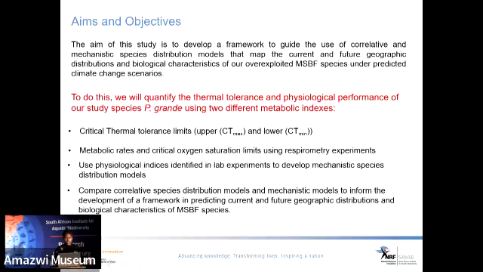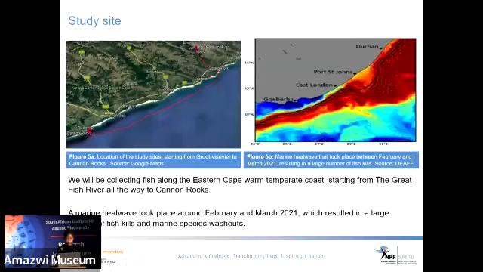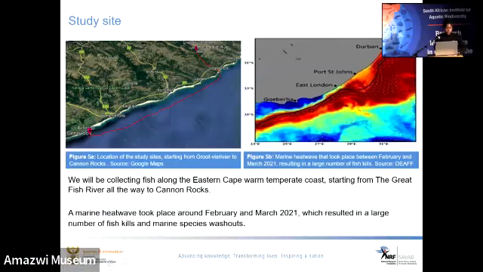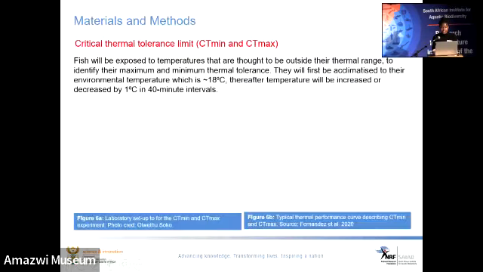We will then compare the mechanistic SDMs and the correlative SDMs in order to predict the movement of fish with changes in temperature. For our study site, fish will be collected along the Eastern Cape warm temperate coast, starting from the Great Fish River all the way to Cannon Rocks.